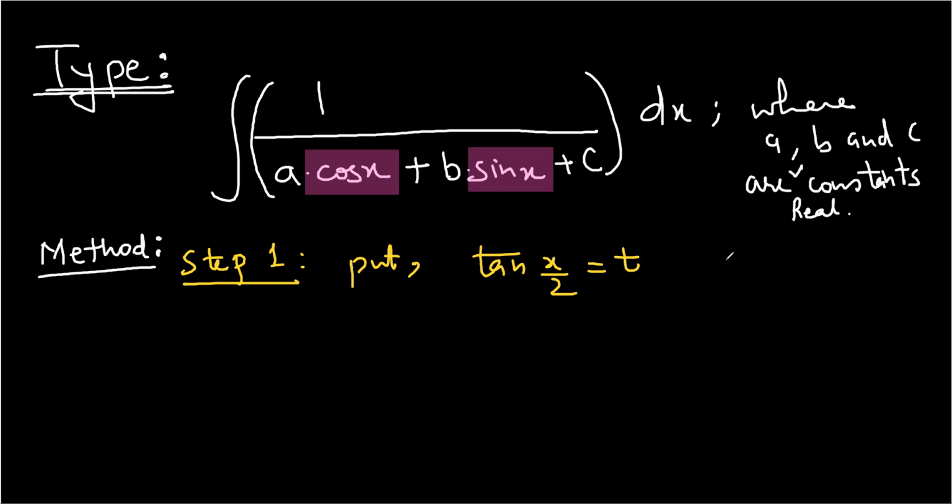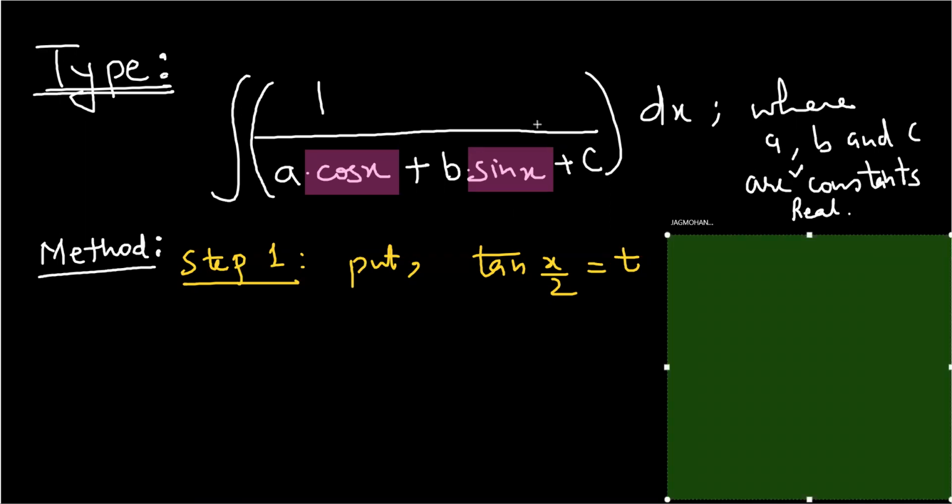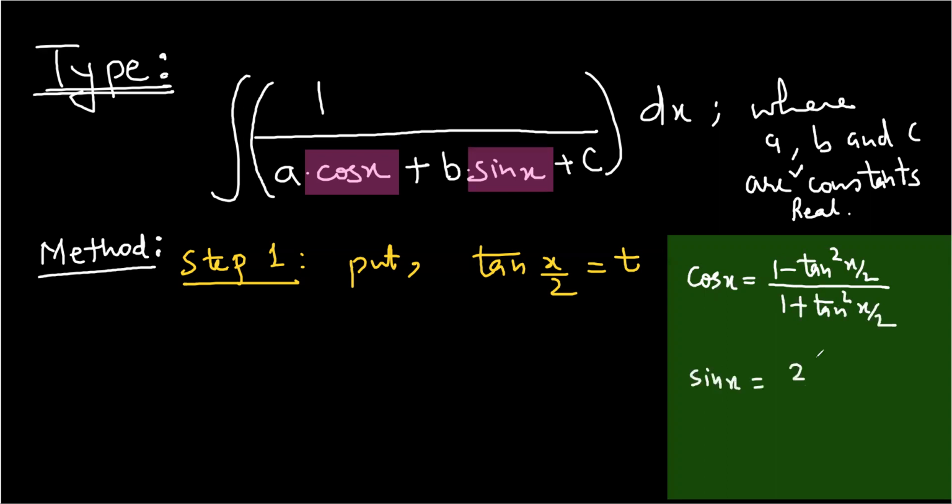So let me write that formula here. cos x is 1 minus tan square x by 2 upon 1 plus tan square x by 2. And sin x is 2 tan x by 2 upon 1 plus tan square x by 2.